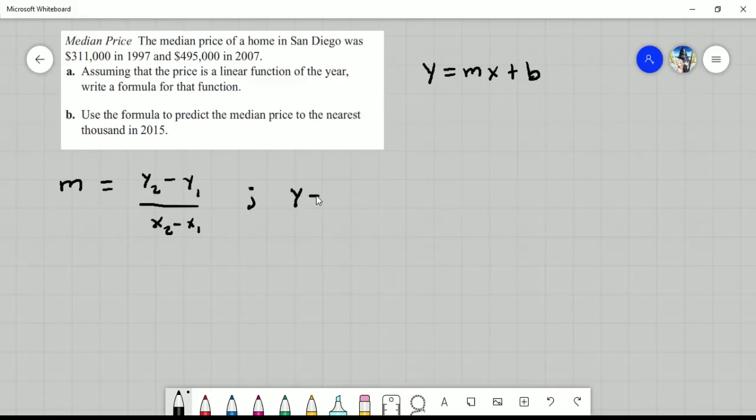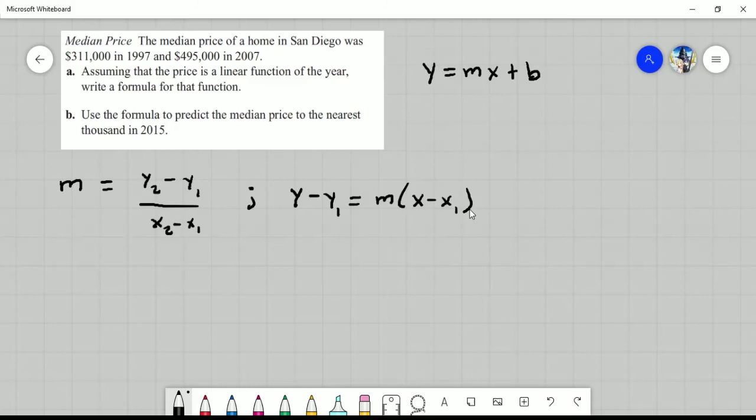Remember that y minus y1 equals the slope multiplied by x minus x1. Again here, y1 and x1 will represent whatever point you will use in order to plug in this formula along with the slope that you just found from the first part.